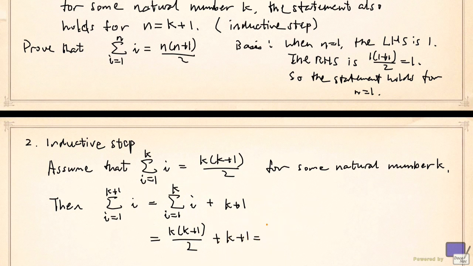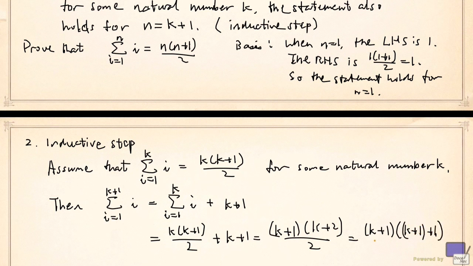And if you work this out, this is the same as k plus 1 times k plus 2 divided by 2, which can be written as k plus 1 times k plus 1 plus 1 divided by 2. And this is precisely the right-hand side of the statement when n is equal to k plus 1. So we have established that the statement holds when n is equal to k plus 1, assuming that the statement holds when n is equal to k.